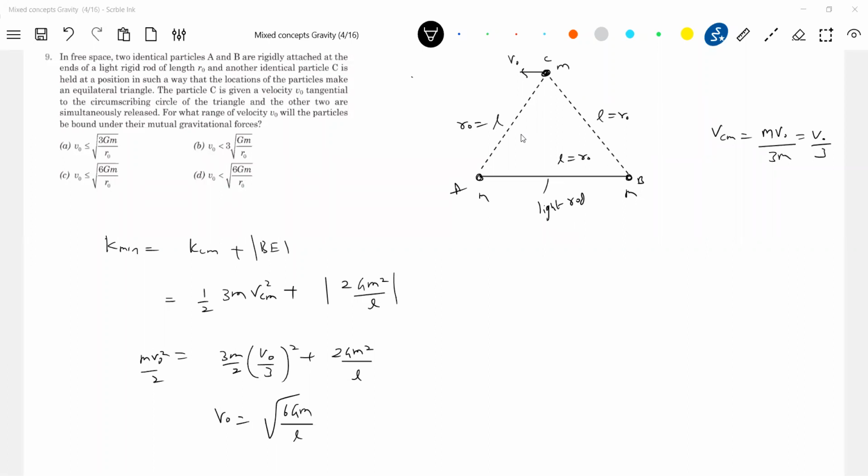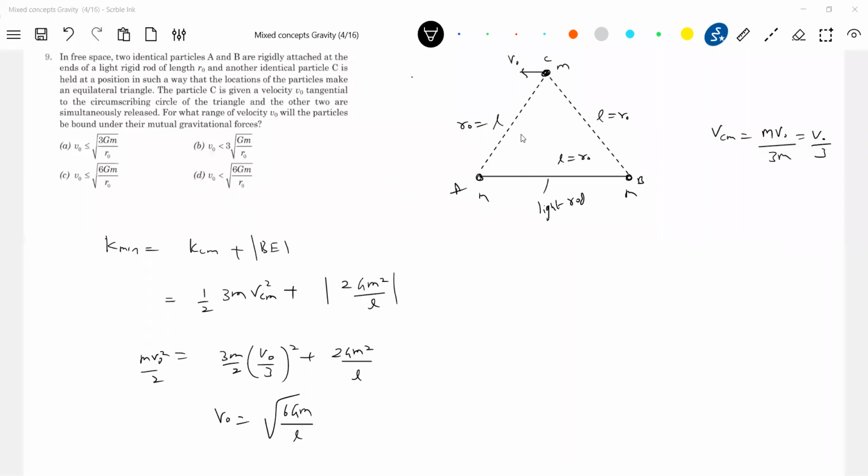Between options C and D, what option should be picked up? Shall I take option C, or D?